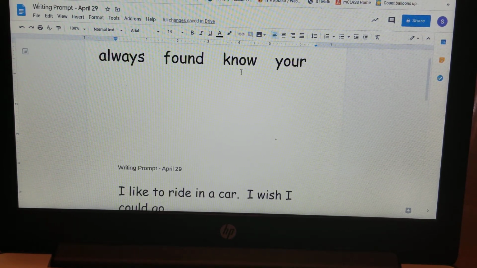Found, know, and your. Remember, this know talks about understanding how to do something or understanding something. You have the knowledge. So, always, found, know, and your.